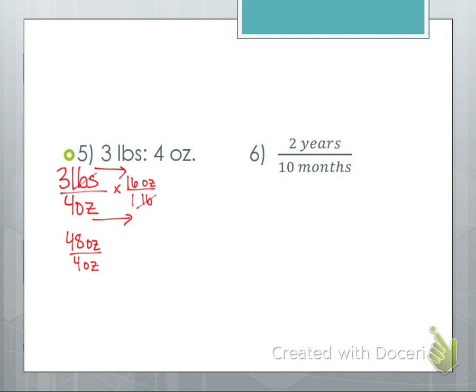Then the next thing we have to do is simplify our fraction, keep our units. What could we divide both top and bottom by? 4. 48 divided by 4 is 12 ounces. And what do you get in the denominator? 1 ounce. Remember, you can't just drop it off like we would with a normal fraction. We need to keep a number on top and a number on bottom.